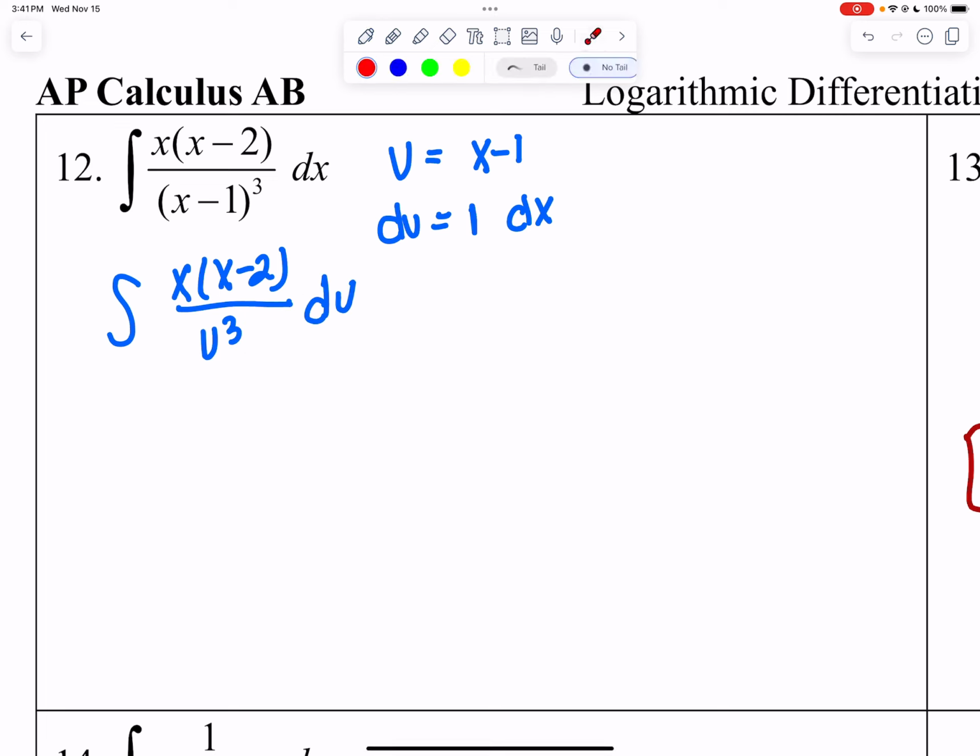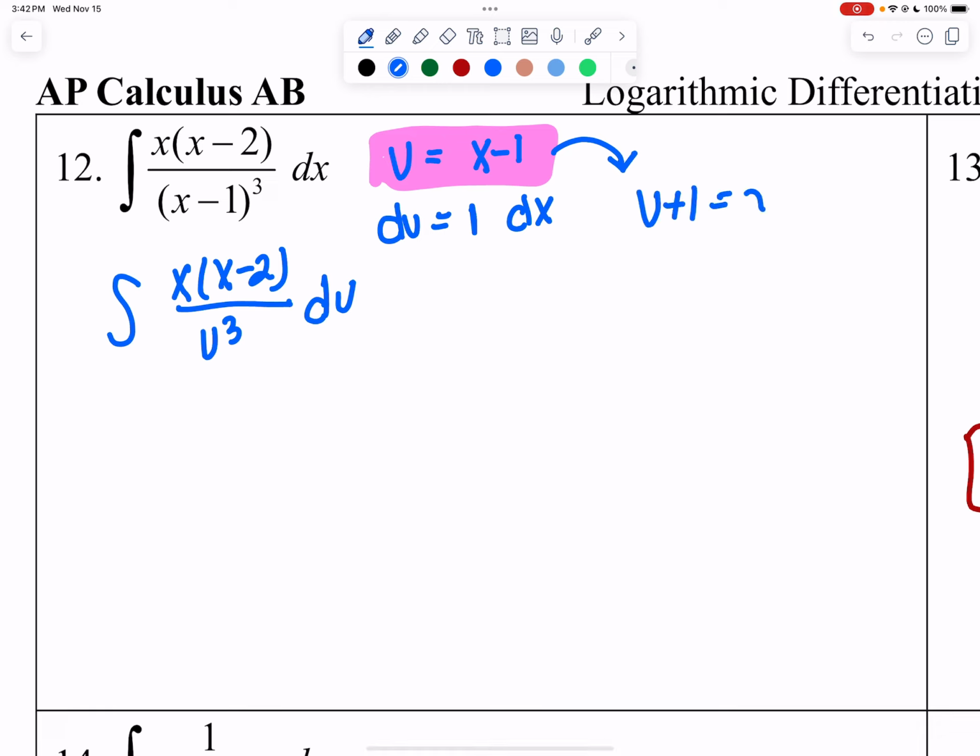The problem with this is that I still have an x right here and I have an x right here, which is no bueno because I want this in terms of u. However, I could do that using a little trick. So one of the integration tricks that we could do is just solve for x in terms of u. So here, if I set u to be x minus 1, then I can also have x to be u plus 1.